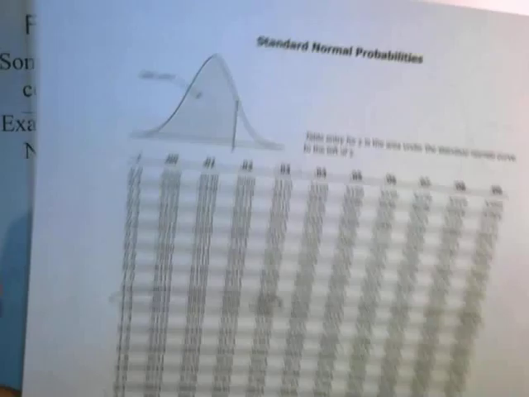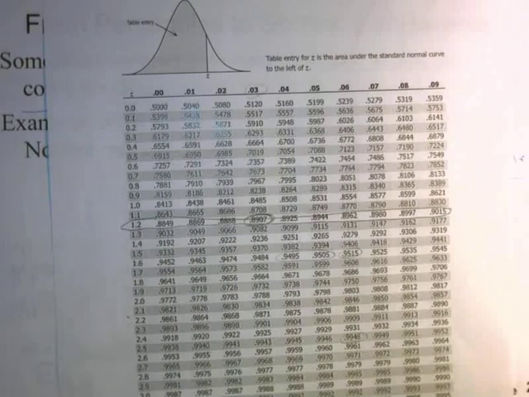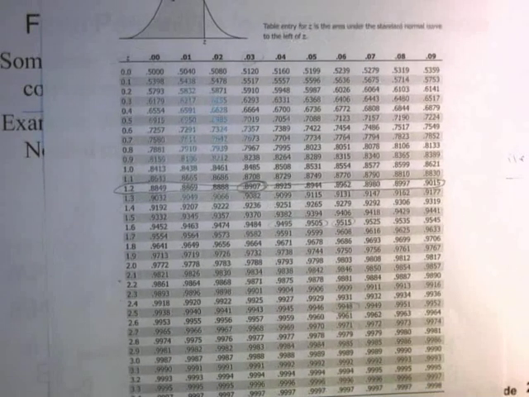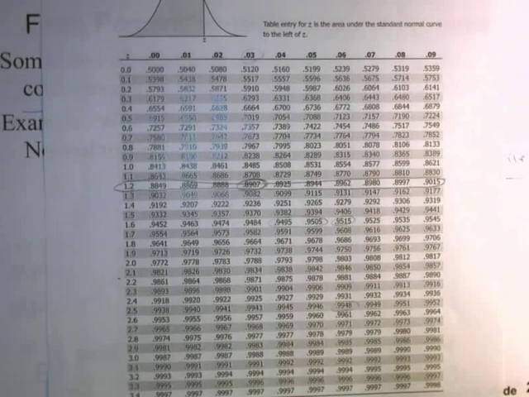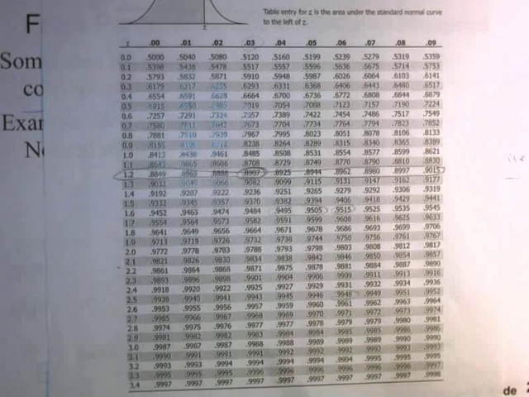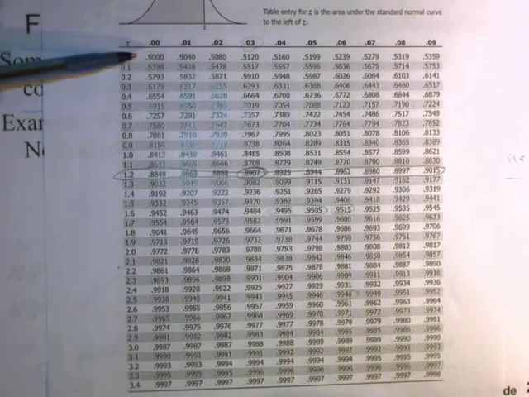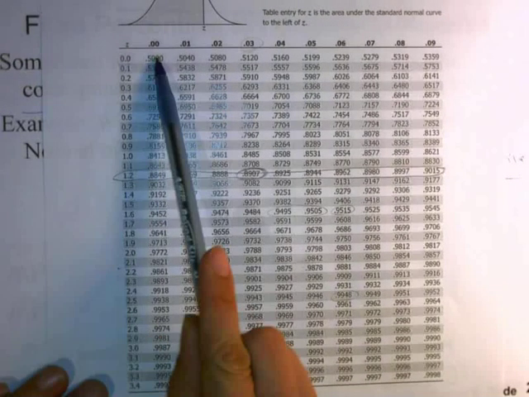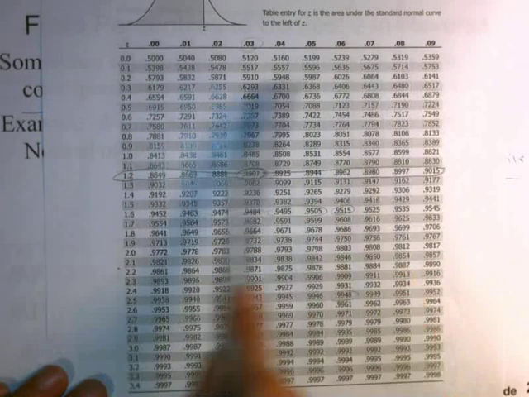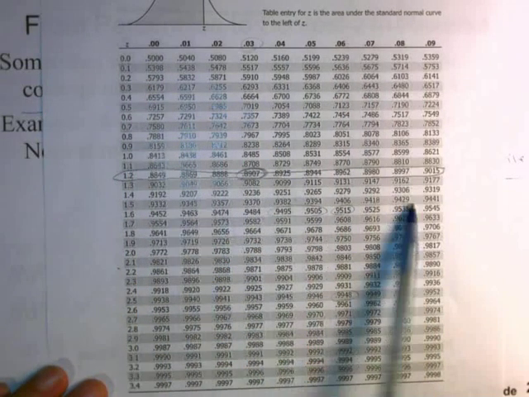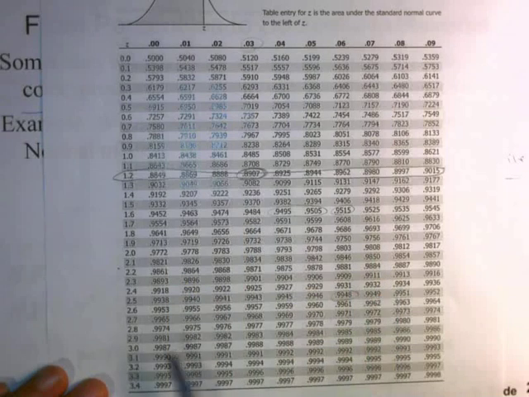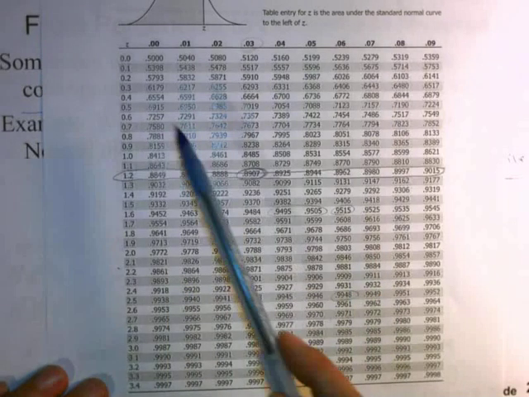So we're going to go back to our same table, only now we are looking for a probability of 0.25. I'm going to scan through this table and look for something that starts with 0.25. I see that I start at 0.5, and then the numbers go up and up, and all of the numbers on this table are bigger than 0.25.